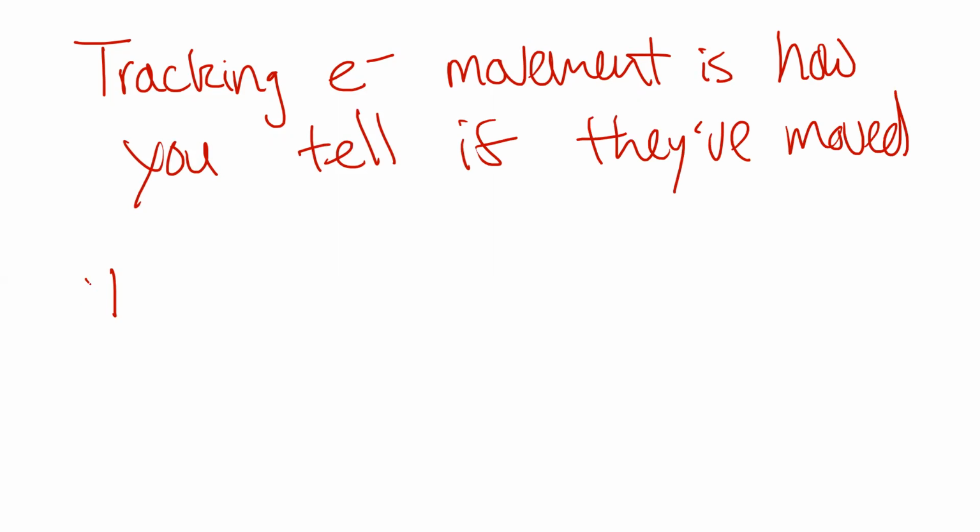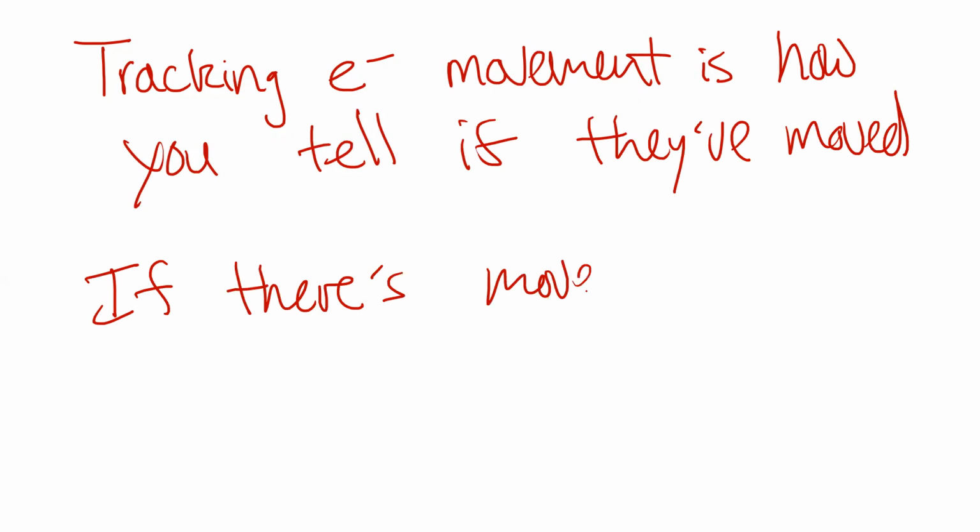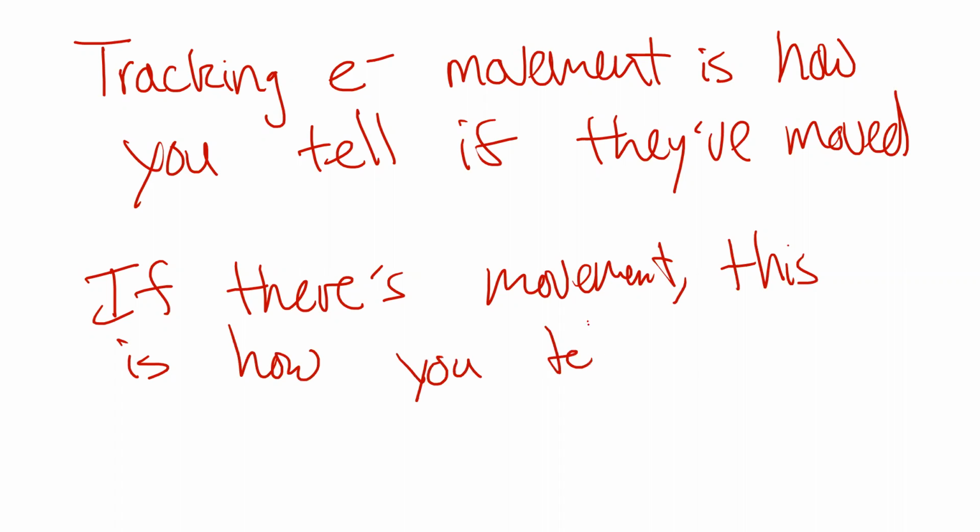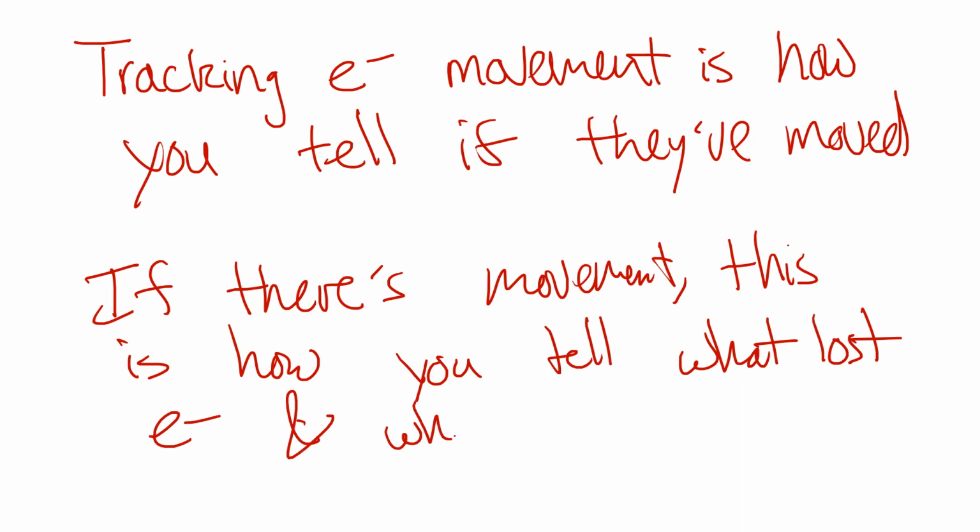However, if there's movement, this is how you tell what lost electrons and what gained them. Because that's what we care about. We're trying to figure out, where did those electrons go? Did they go from this element to that one? That's what we're actually trying to figure out here.